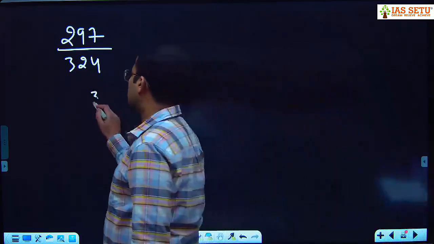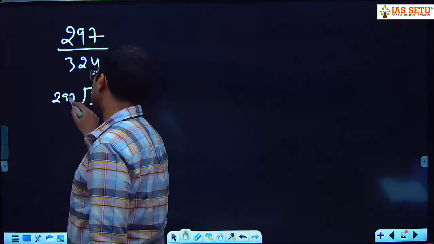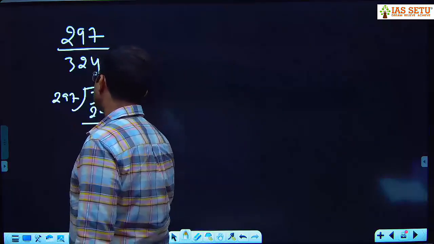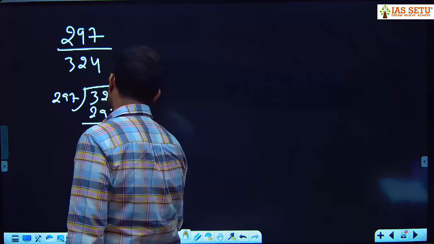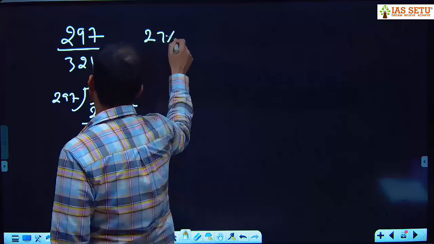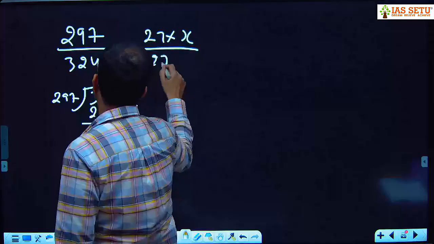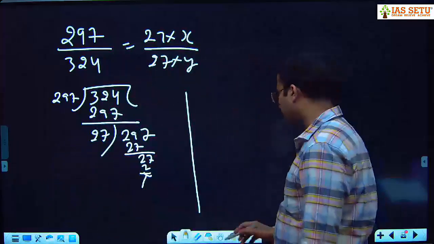Now here, 324 we divide by 297. This is 297, 27, 297, 27. So this is 27 into x upon 27 into y. So we find what is x, what is y.